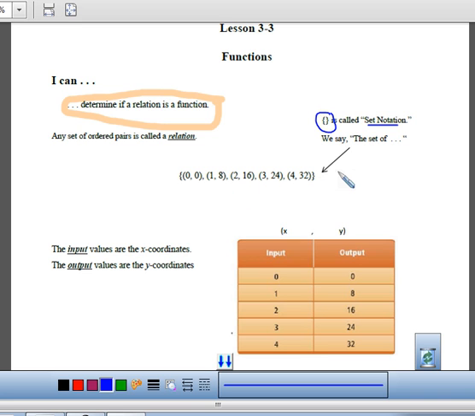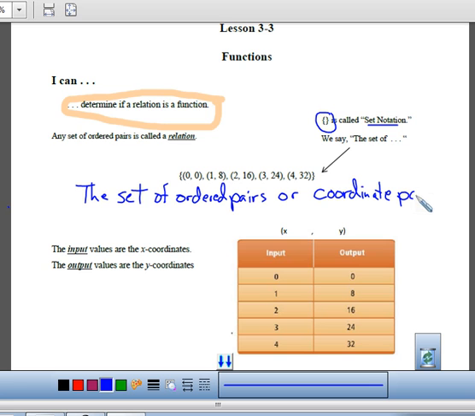So what we call this is the set of ordered pairs or coordinate pairs, because these are the coordinates for different points on a graph.